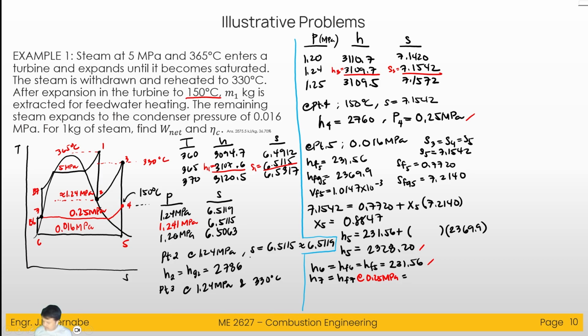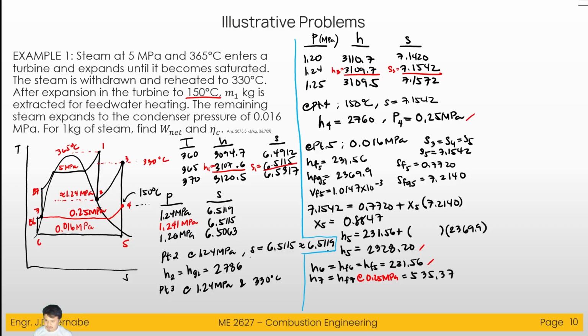So table 2, 0.25. So the HF here is 535.37, no?